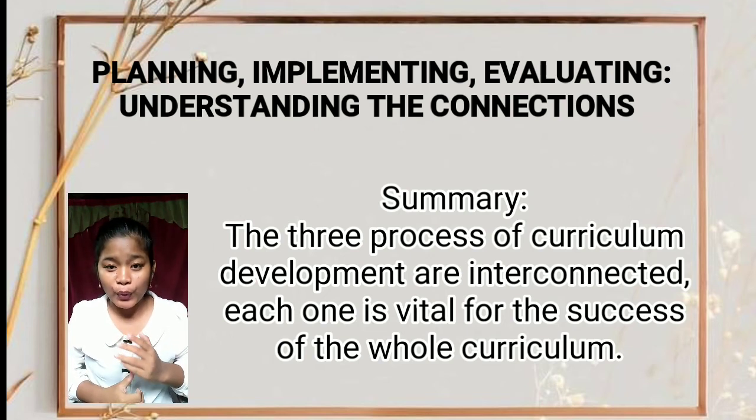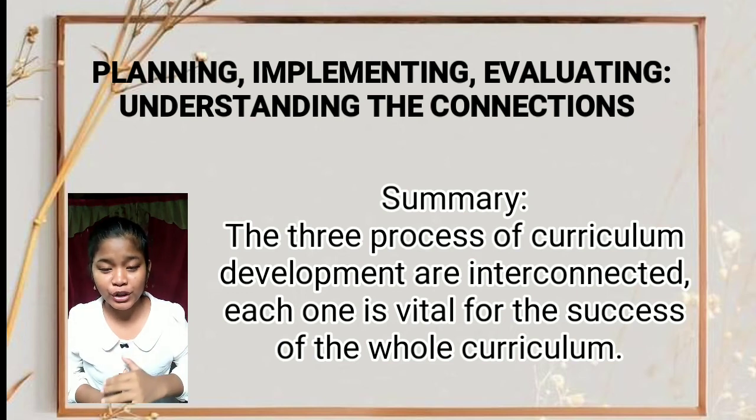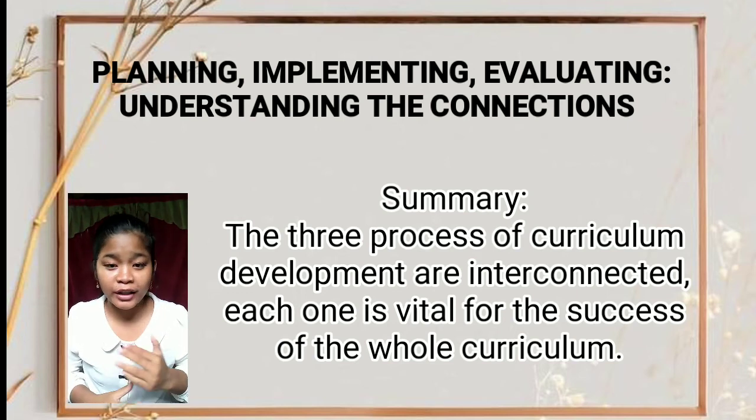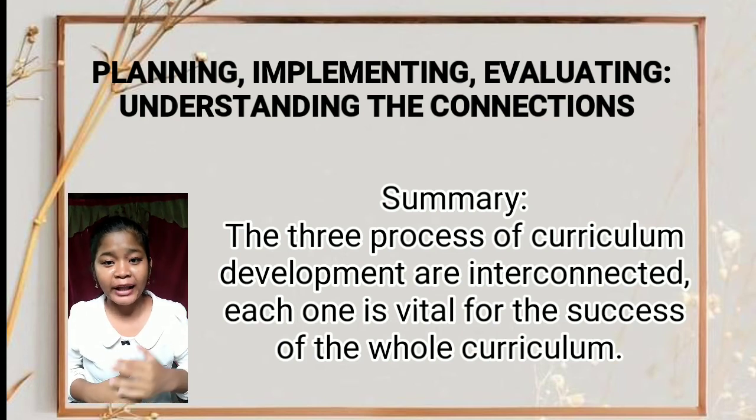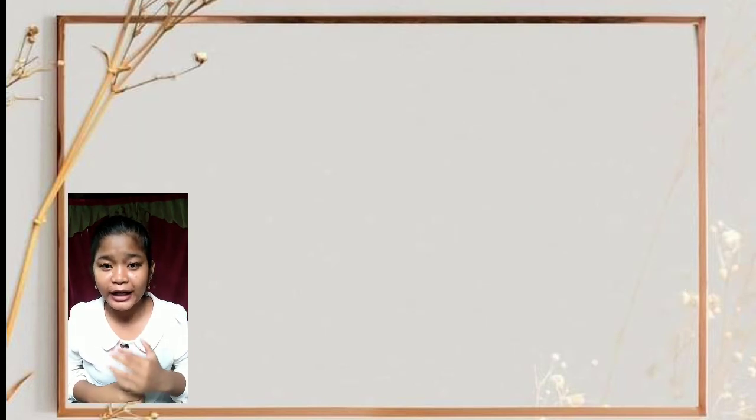And we can say that planning and implementing are less useful unless there is evaluation. Thus, evaluation determines modification and changes for the new plan to be written on the next phase of the curriculum. And that's how the cyclical process works.